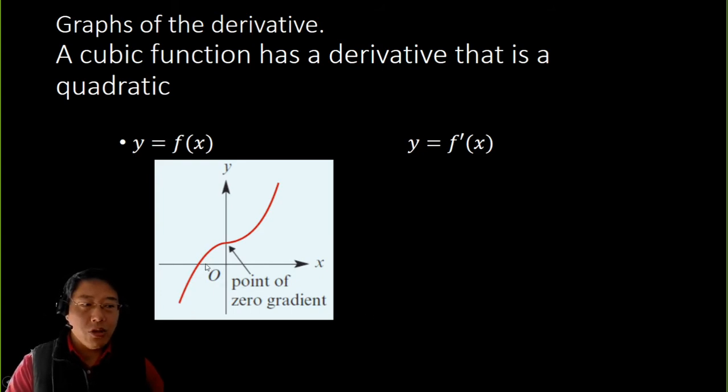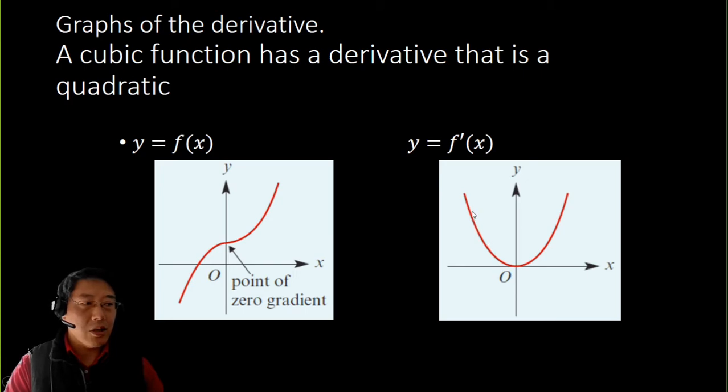In that situation, a quadratic to be always positive, it will mean that it's above the x-axis. Now, it's also equals 0 at that point of its stationary point of inflection. So here you have a gradient of 0. That is why the quadratic is actually touching the x-axis at the origin.